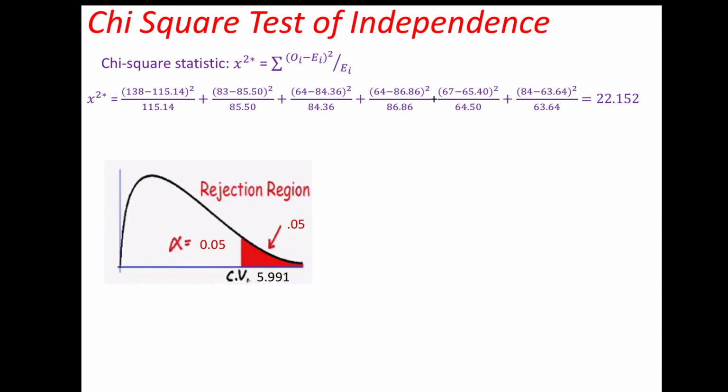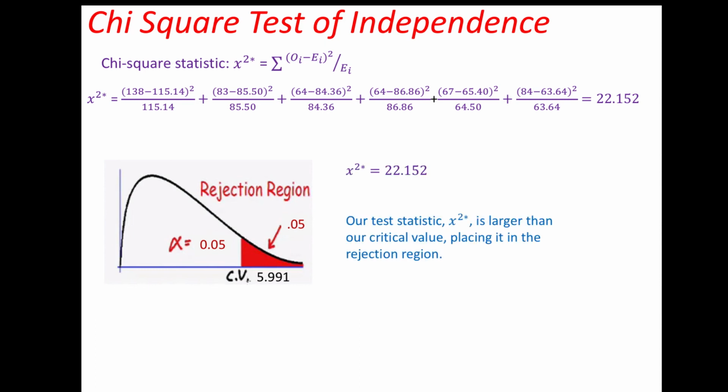It tells us that our chi-square value falls right in the rejection region, the red section, at alpha 0.05. And given this, we know that we can reject the null hypothesis that political affiliation and their opinion on a tax reform bill are independent.